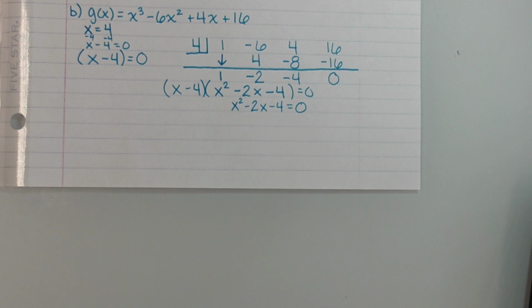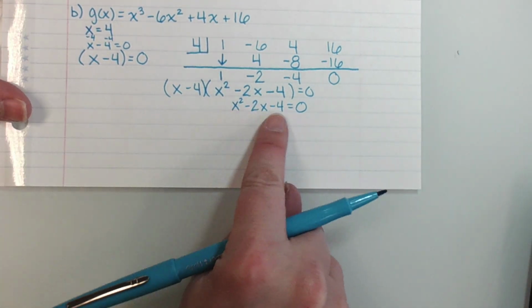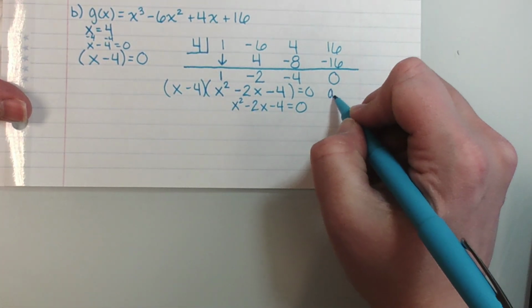Quadratic formula starts with negative b, plus or minus what? Square root. Inside the square root is b squared minus 4ac all over 2a. What's a? 1.